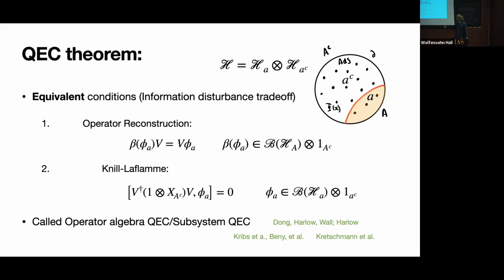If I take errors, which now is just any operator in A complement, this X_A, and I project it to the code subspace using V, then it will commute with any operator phi A. Okay, so these two conditions are equivalent, and it's a somewhat non-trivial theorem to prove that, but it gives us lots of important properties of this error correcting code.